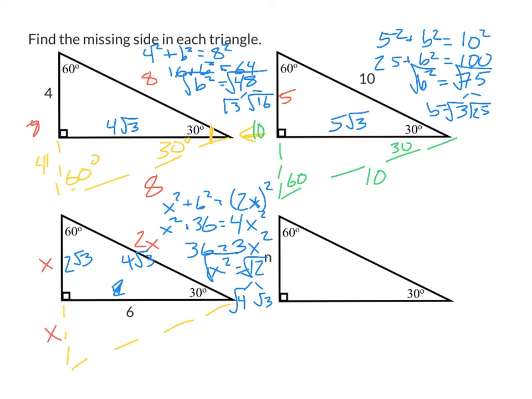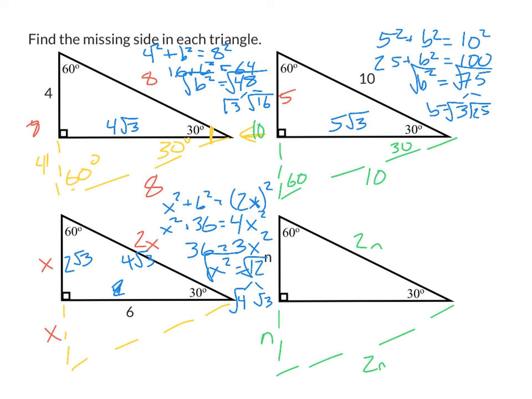In the triangle on the far right, we're going to have n as my short leg. And once again, I'll do my reflection. I know this is n, which makes each of these 2n. We can do the Pythagorean theorem to find the missing side, and this is going to get us our pattern for a 30, 60, 90.